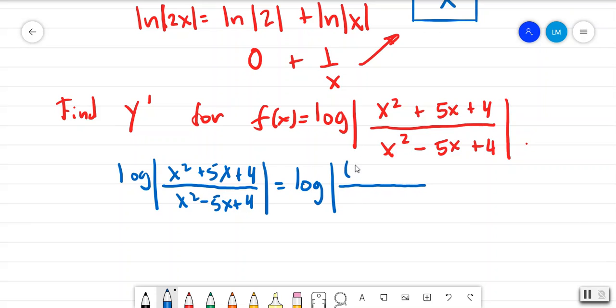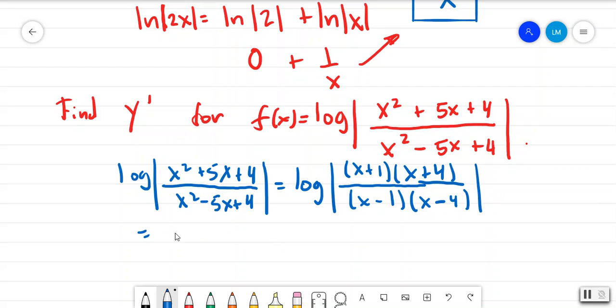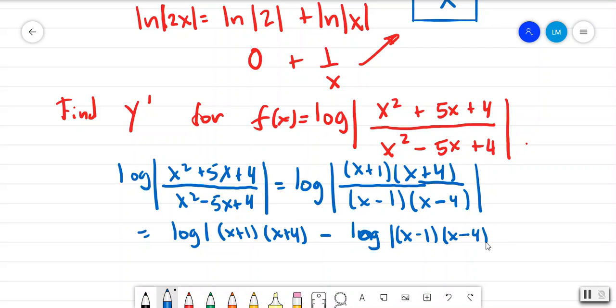The top part factors as x plus 1 multiplied by x plus 4, all divided by x minus 1 and x minus 4. Now, furthermore, this actually becomes log of the absolute value of x plus 1 and x plus 4 minus log of the absolute value of x minus 1 and x minus 4.